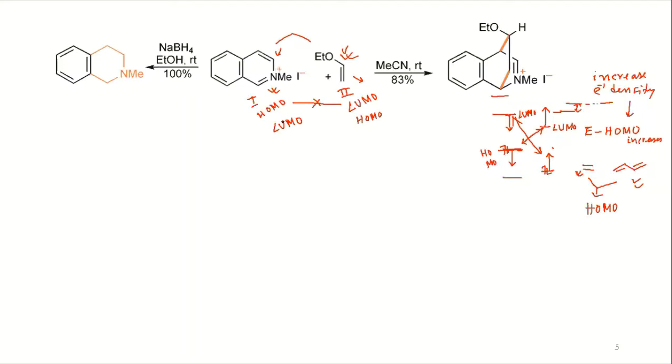But in this case, we have reverse Diels-Alder reaction, where diene acts as LUMO and dienophile acts as HOMO. Anyway, so you will have this as your product. This is Diels-Alder reaction. So anyway, let us move to oxyquinoline and oxyisoquinolines.